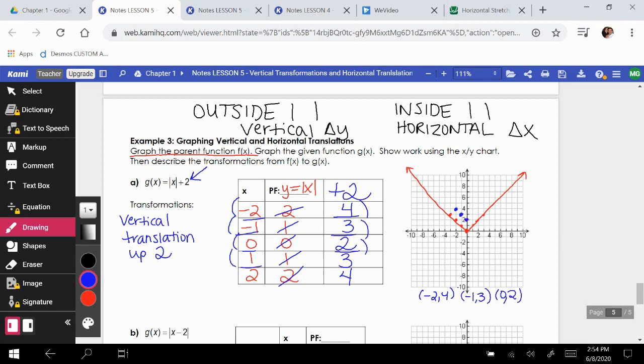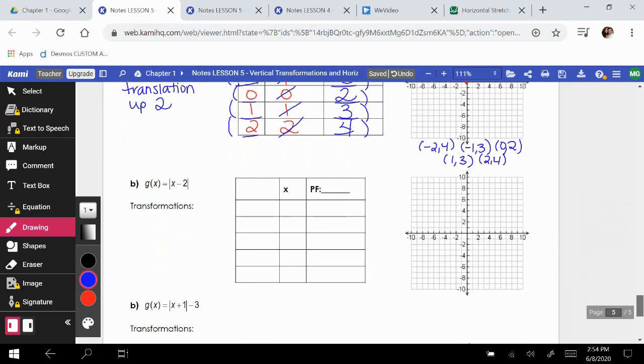I'm going to plot the point 1, 3. And I'm going to plot the point 2, 4. Now what does that look like? Doesn't that look like everything just shifted up 2 units? Exactly.